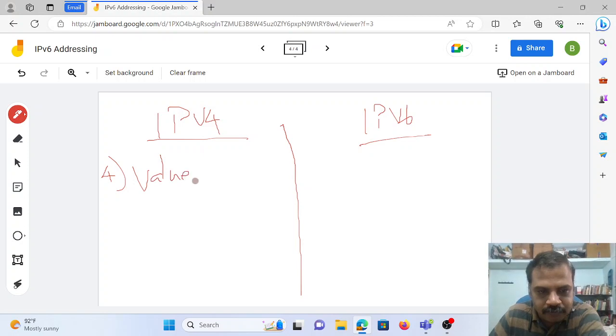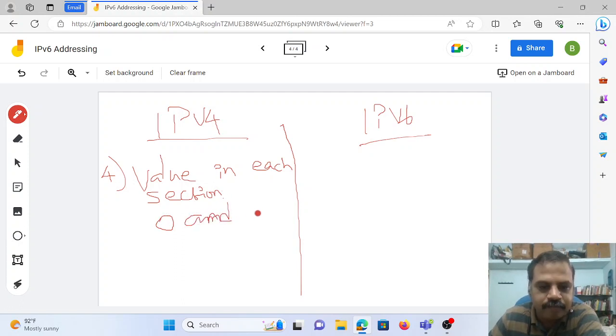Now the value in each section. In IPv4, the value of each section ranges between 0 and 255.